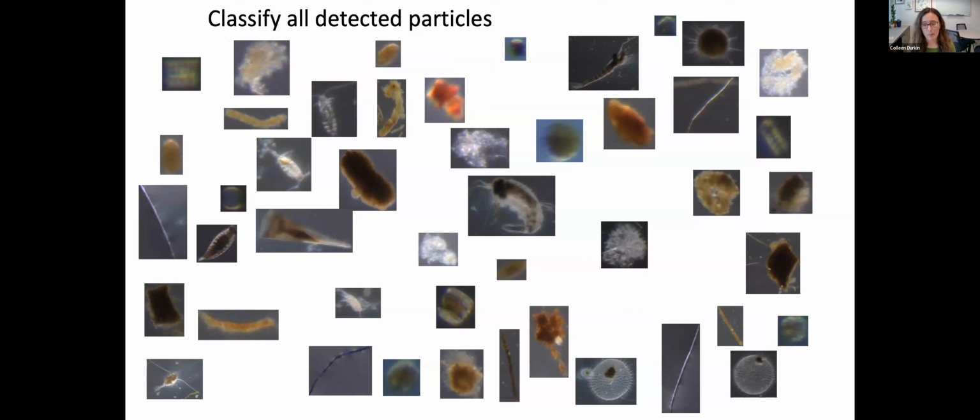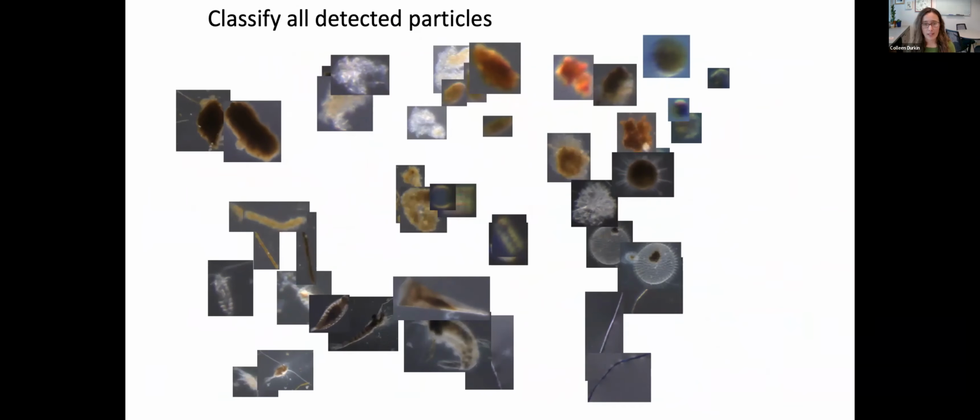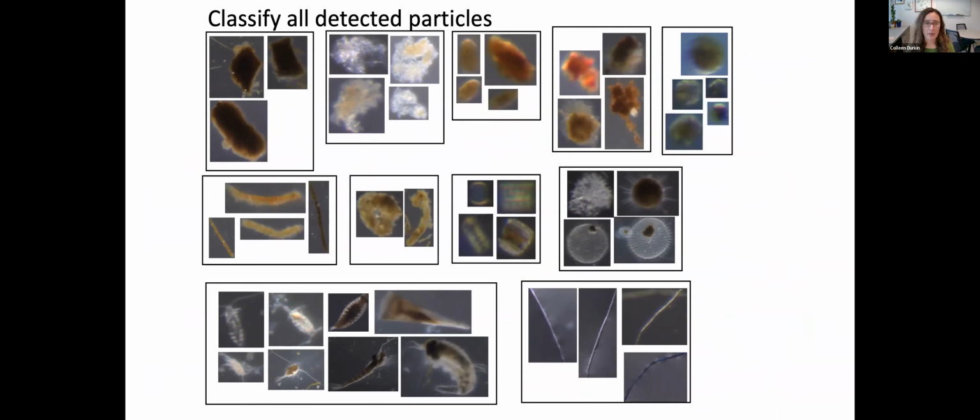So at the end of that processing step, we're left with a huge file full of these cutout particle images. And the next step is to classify them into similar categories. For example, here are various categories of particles that we detected, and we are only interested in the passively sinking particles.